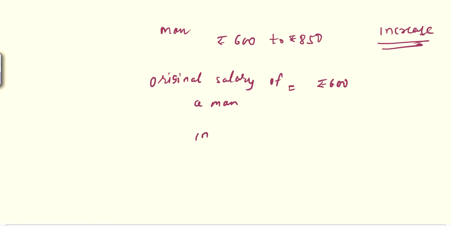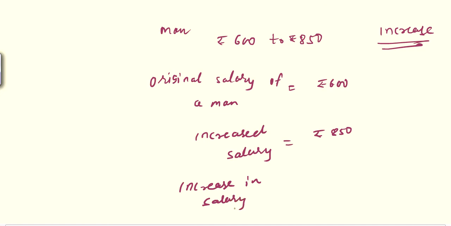The increased salary equals rupees 850. Now we have to find the increase in amount, that means increase in salary. So 850 minus 600, so rupees 250 is the increment he is getting. 250 rupees increment has happened in his salary.